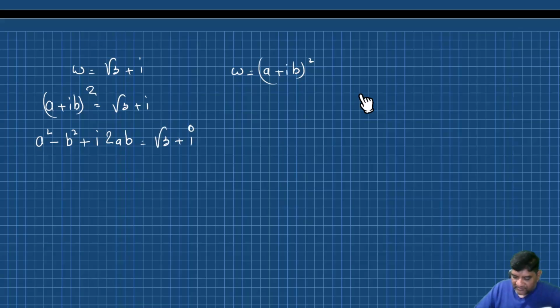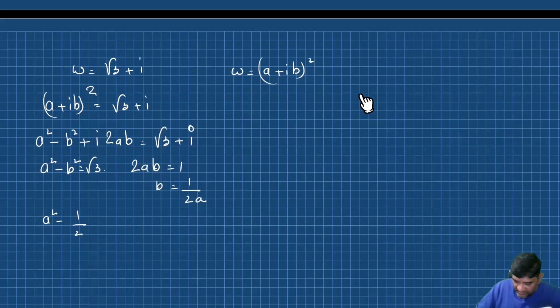So I have two complex numbers on the LHS and the RHS, and therefore I can go ahead and equate the real parts, and then I can also equate the imaginary part. Now I can write b as equal to 1 over 2a. I'll take the value for b and substitute back in the equation.